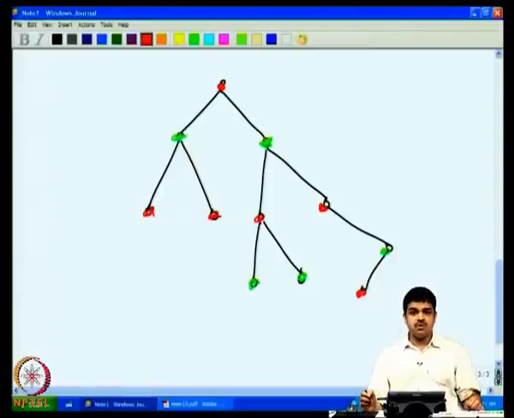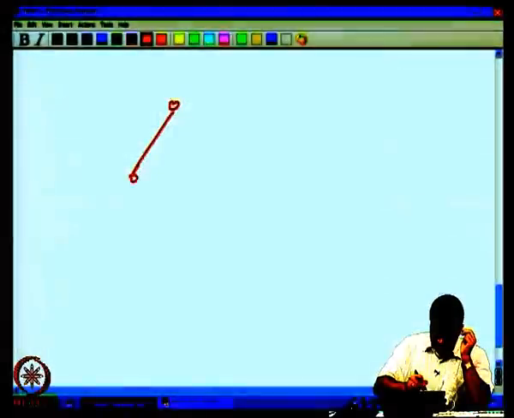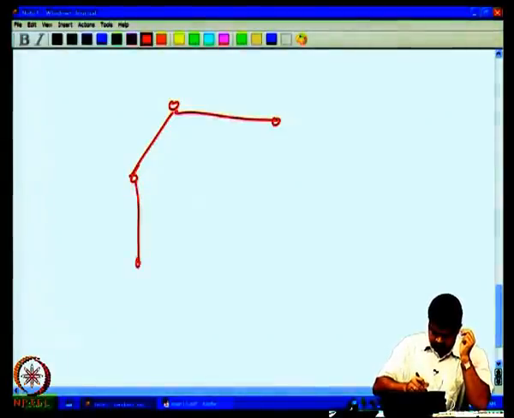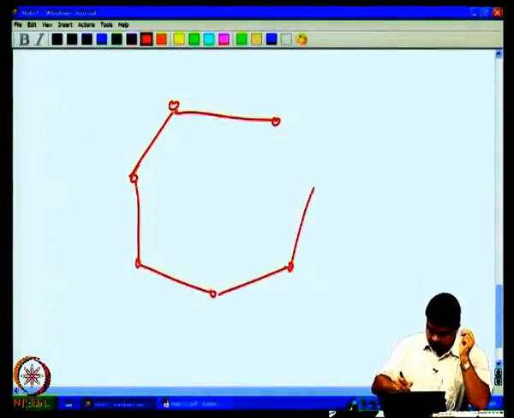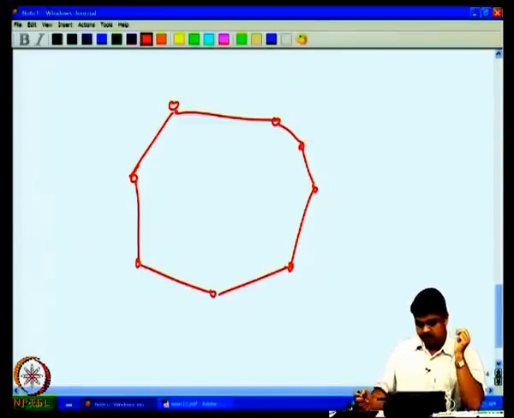And what about a cycle? So this is a cycle. Whenever you say cycle, even and odd cycles matter. This is an even cycle. So how many colors are required?